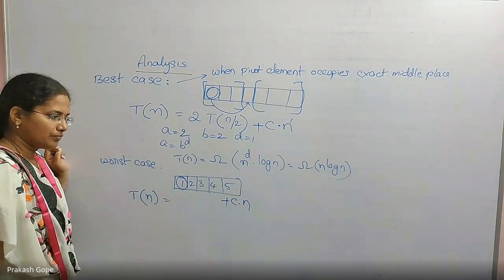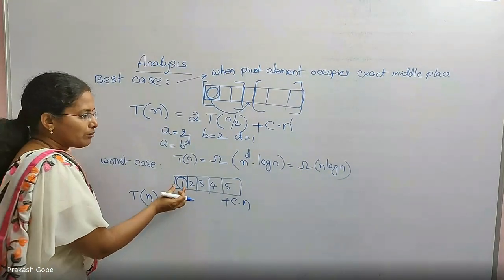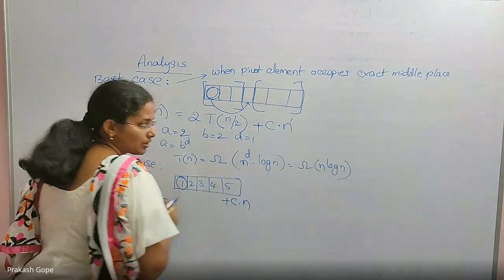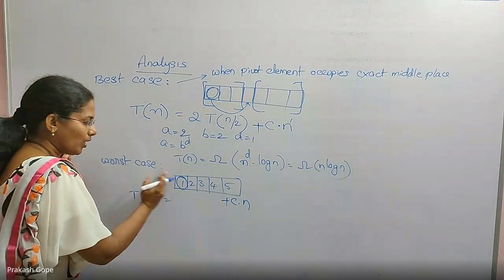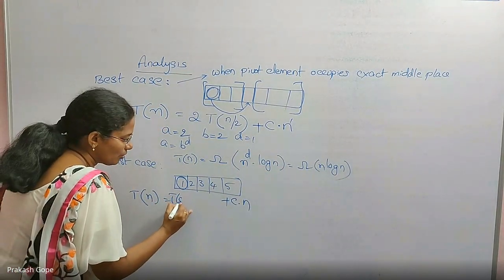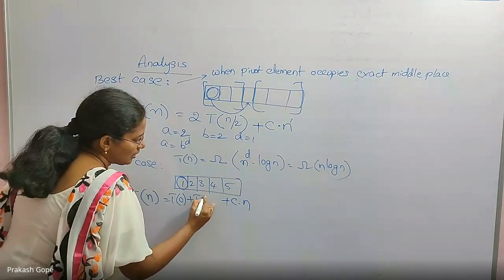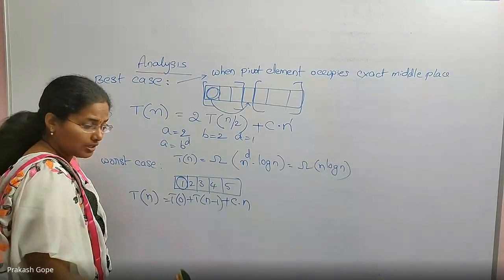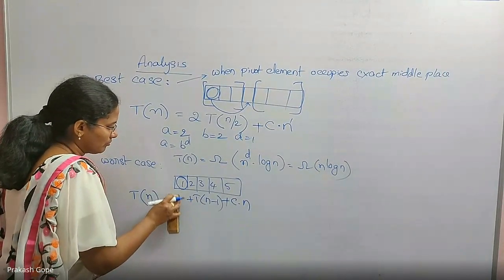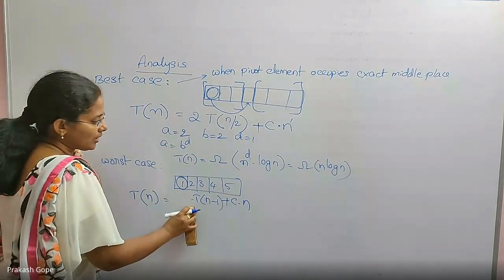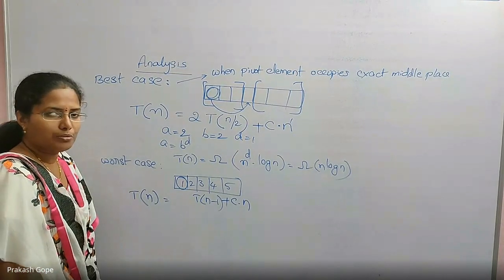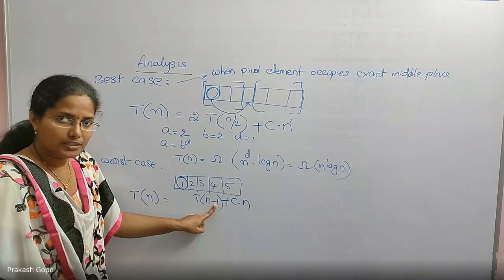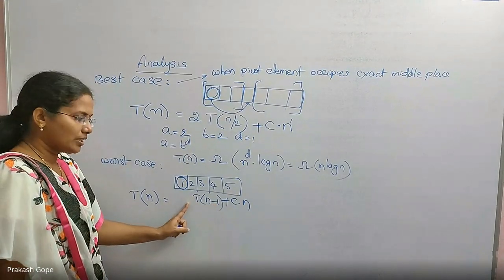But once that is done, you come to know that the pivot occupied one of the extreme places, either this extreme or that extreme. So one array is of size 0, the other array is of size n minus 1. The time taken by the 0 you can ignore. So the recurrence relation will look like this: T of n minus 1 plus n. This is the decrease and conquer case. In the decrease and conquer case, the a value is 1.